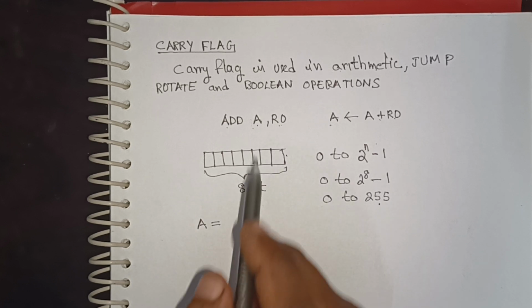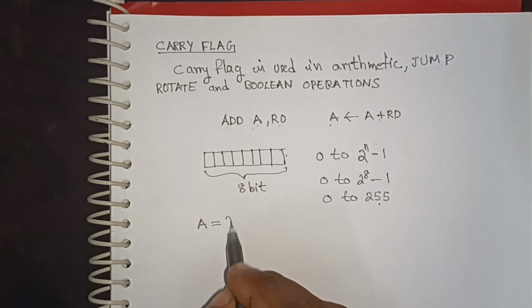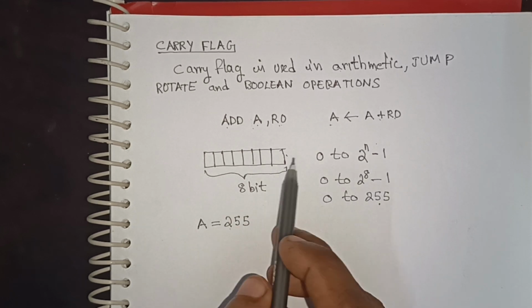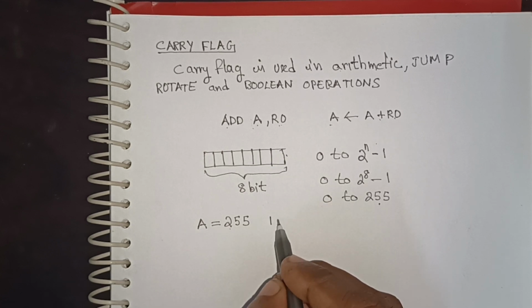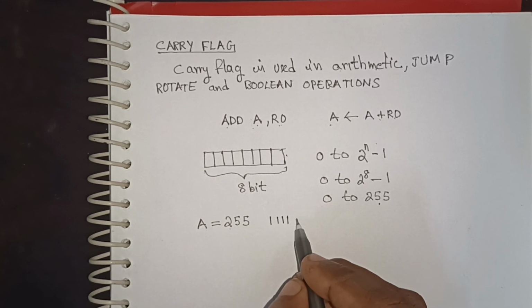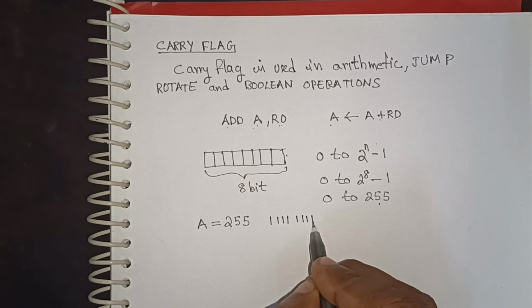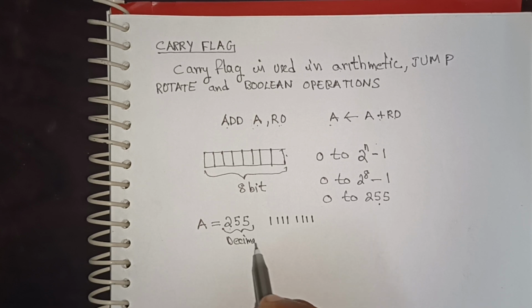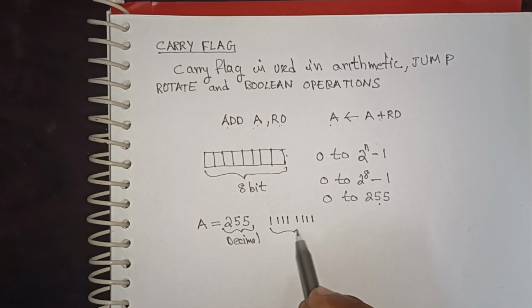Now let us consider the value in A is 255, which is the maximum value. 255 is nothing but 8 ones in binary. This is the decimal representation. This is the binary representation.